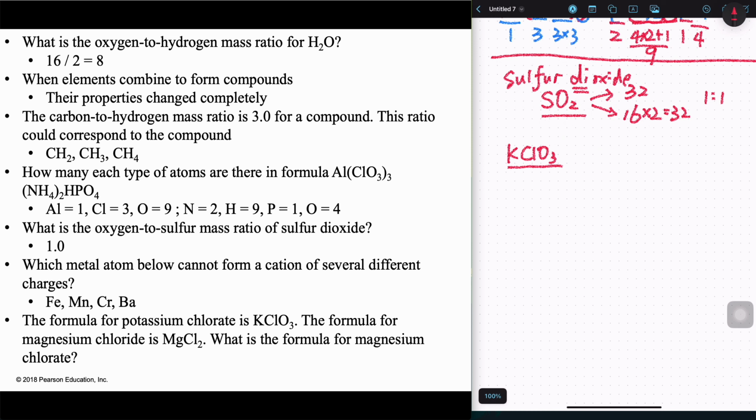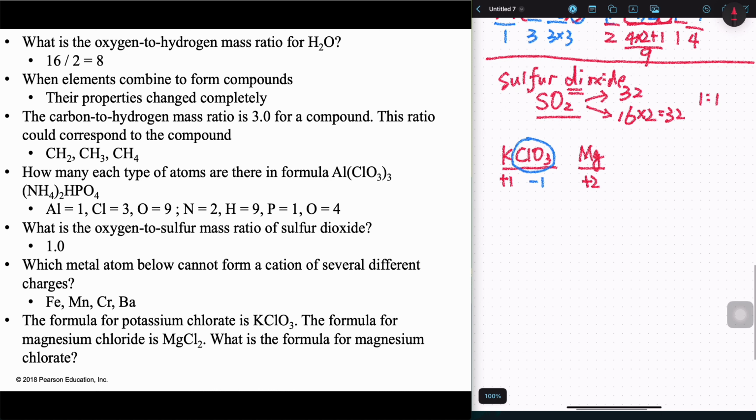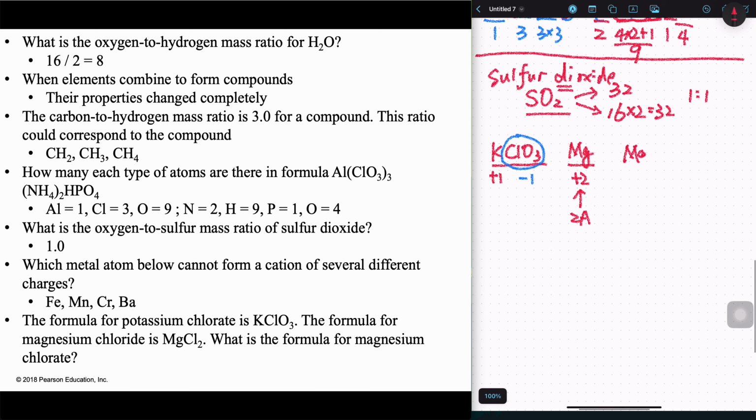We know the charging state for potassium is +1, which means the charging state for this chlorate polyatomic ion will be -1. For magnesium chloride, we know magnesium has the characteristic charging state of +2 because it is in group 2A. So now we can ask what compound will be formed between magnesium +2 and chlorate -1.